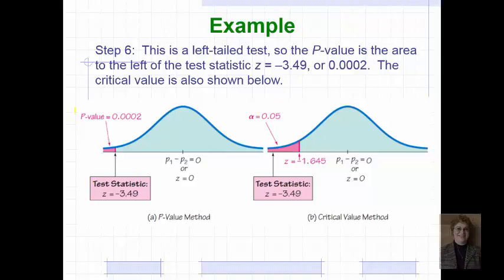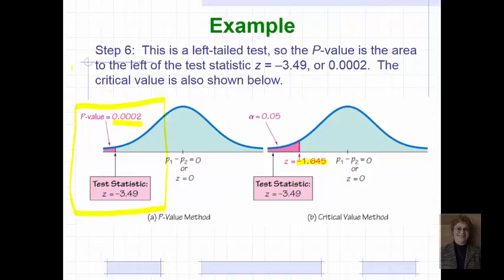Now we would do this using StatCrunch or Table A2, or we can find our critical value using Table A2, which we'd look up at alpha equals 0.05 for a one-tailed test. We'd find our critical z is 1.645. Since we're doing a left-tailed test, it'd be a negative 1.645. Our test statistic is further out in the tail than our critical value, or our p-value is less than alpha.